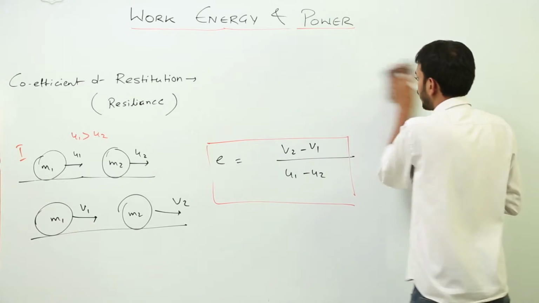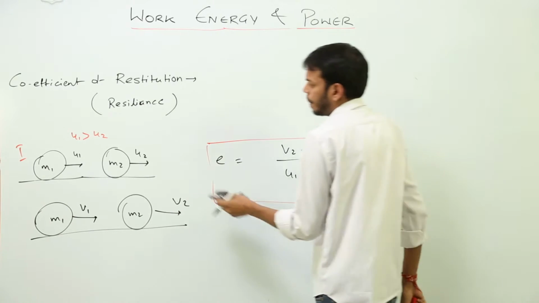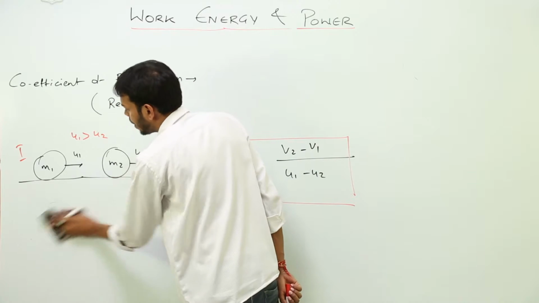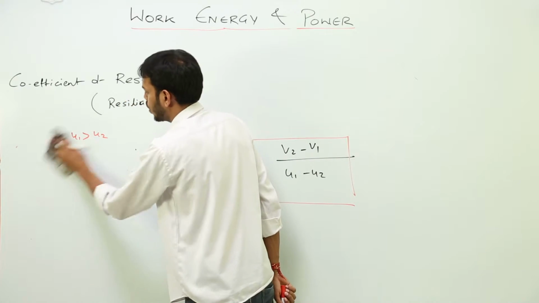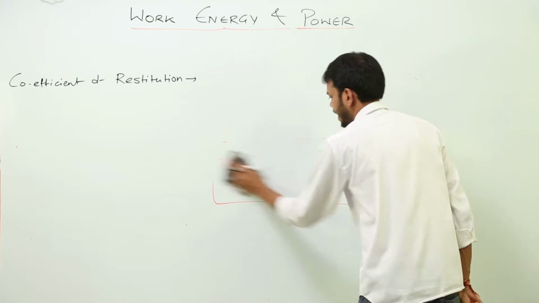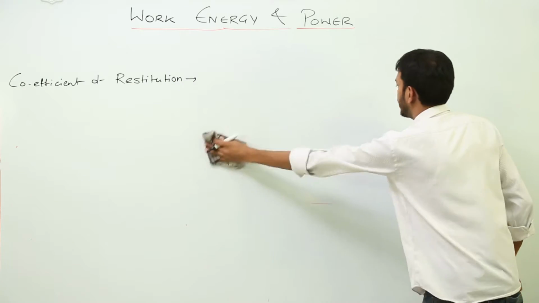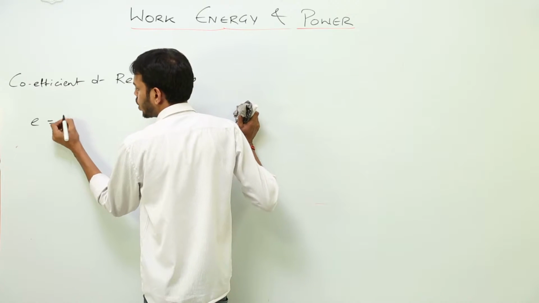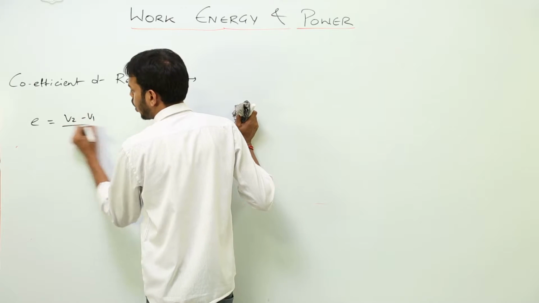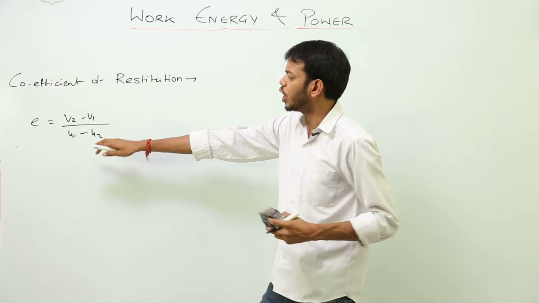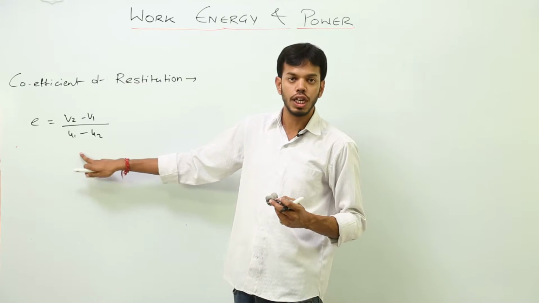Suppose we have two masses, m1 and m2, and we have hung them up using strings, like the case of a simple pendulum. Let's make the diagram first. The formula we just wrote was v2 minus v1 upon u1 minus u2. The approach was u1 minus u2 because u1 was greater than u2.